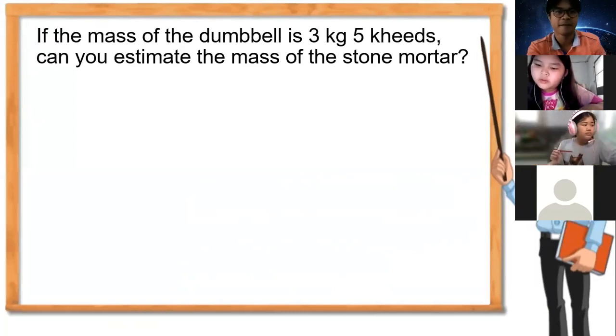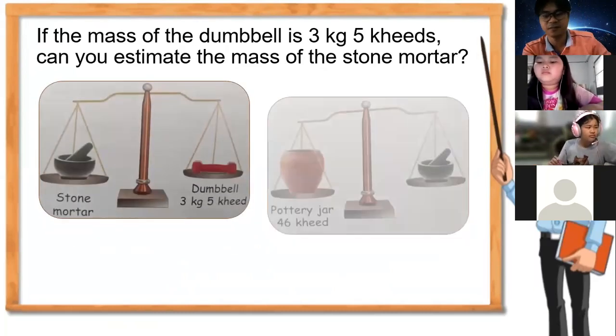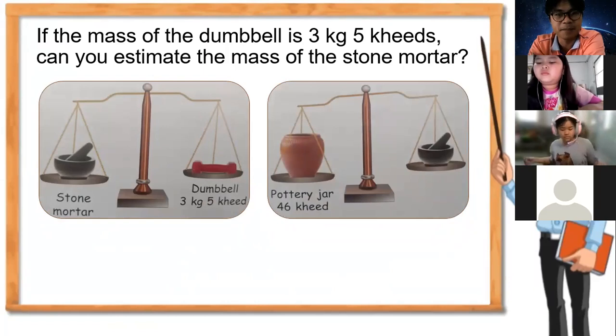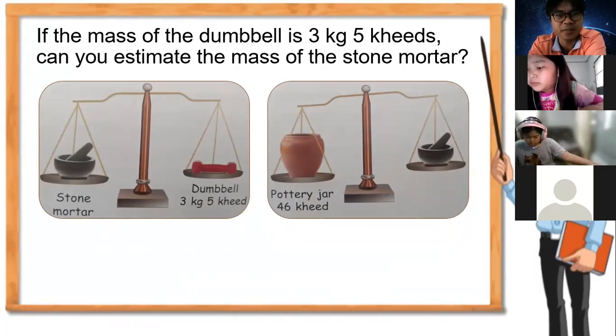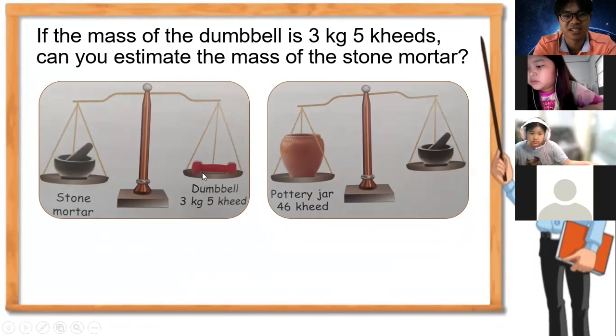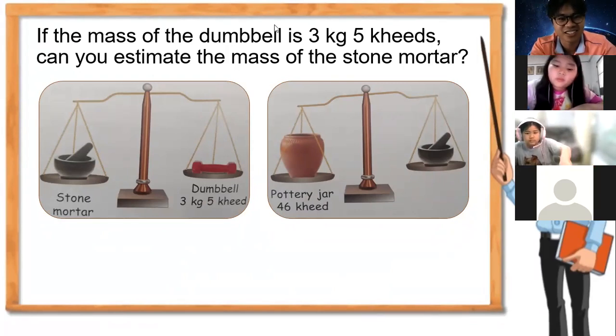Next, look at here. If the mass of the dumbbell is 3 kilograms and 500 grams, can you estimate the mass of the stone mortar? This one, stone mortar. Can you estimate?